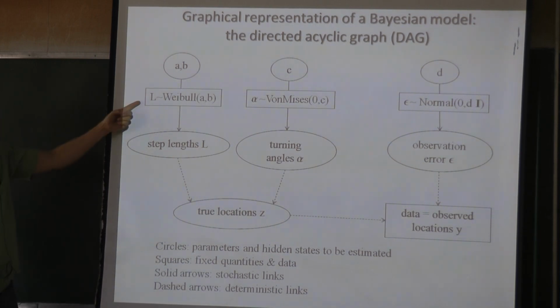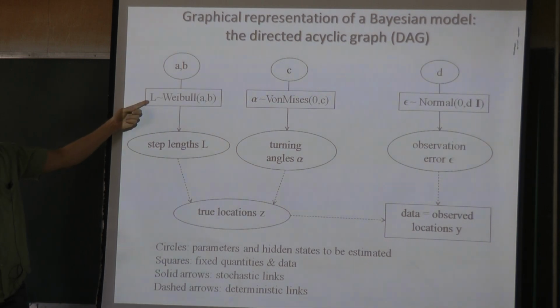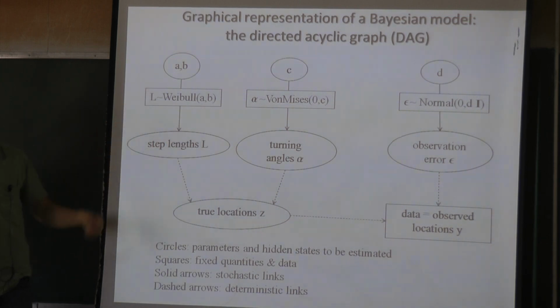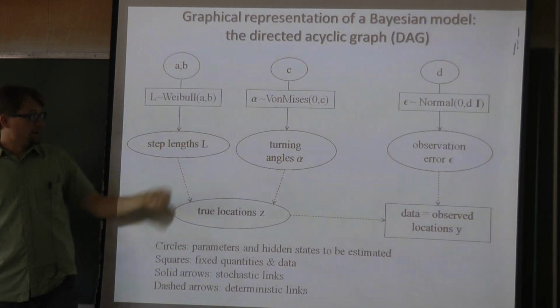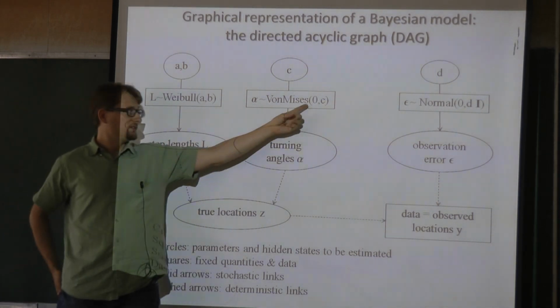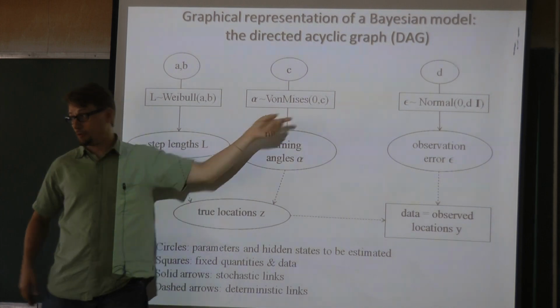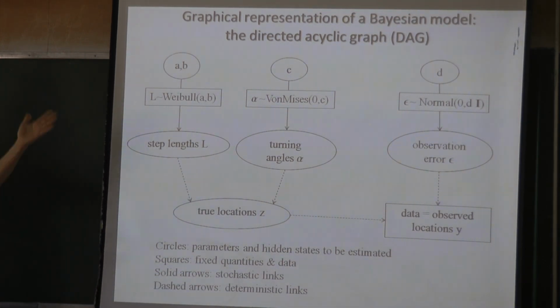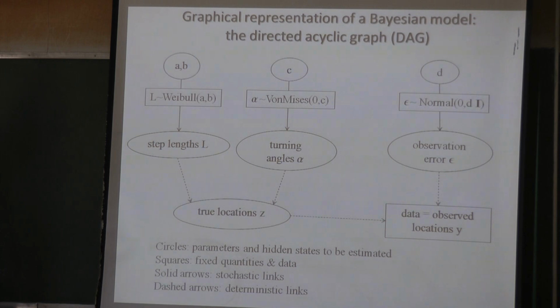For example, these step lengths you might assume that they have a Weibull distribution with these 2 parameters A and B. Turning angles might have this von Mises distribution. I'm now fixing here this 1 parameter to 0 because I assume that it's symmetric around 0. Okay, you could of course release that assumption, but I'm now making that assumption. That's why I have only 1 parameter.